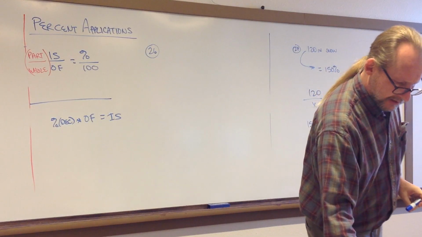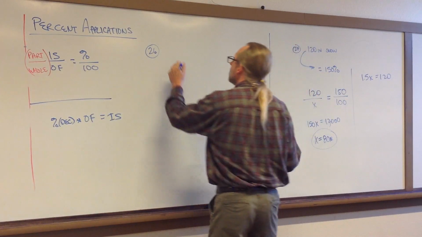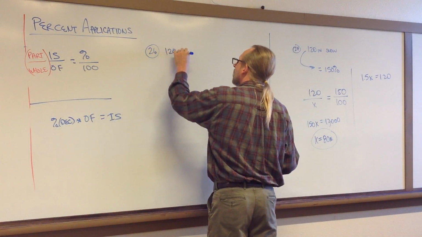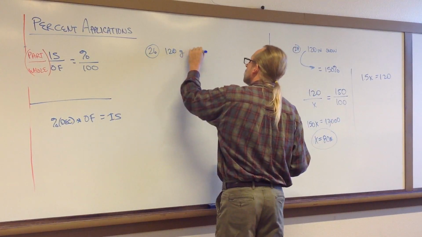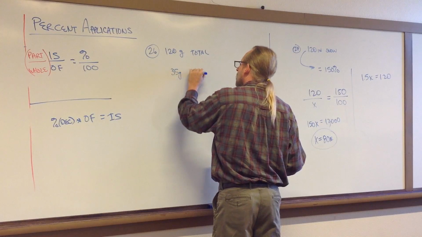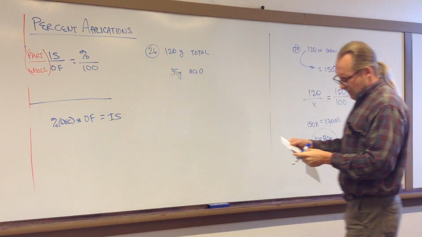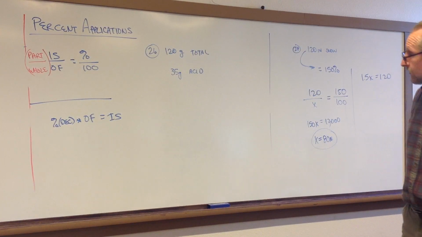Problem 26. In an acid solution weighing 120 grams, there are 35 grams of acid. To the nearest whole number, what is the percent of acid in the solution?